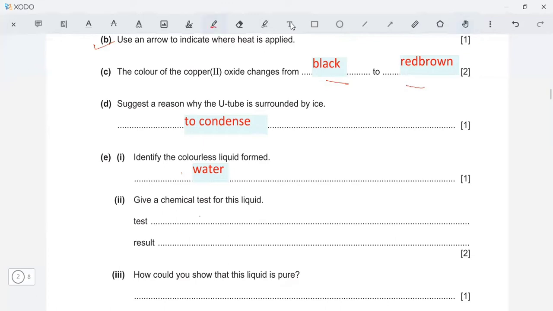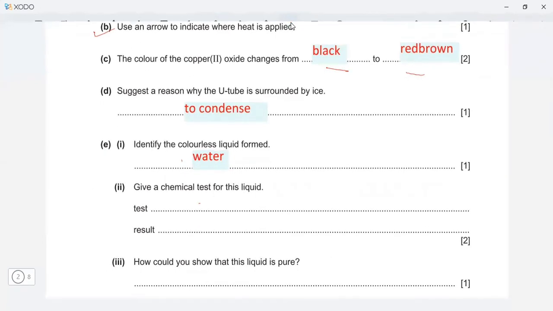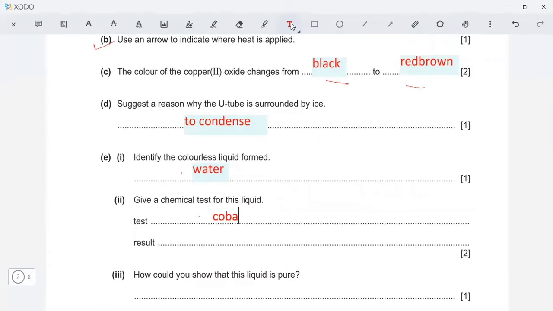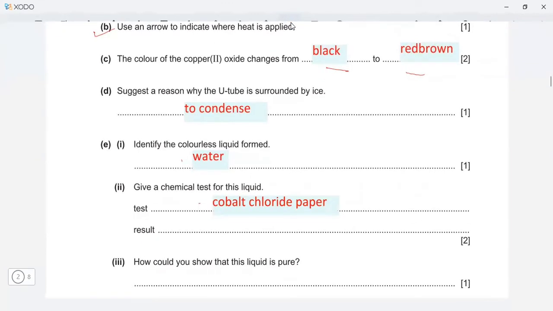So the test is cobalt chloride paper, or you can also use anhydrous copper sulfate. Here let me name it cobalt chloride paper. What is the result? The result is blue to pink.